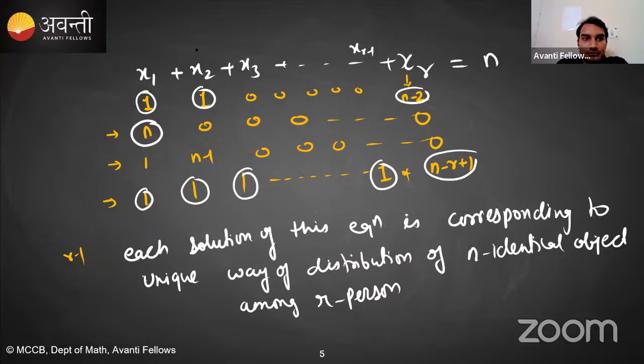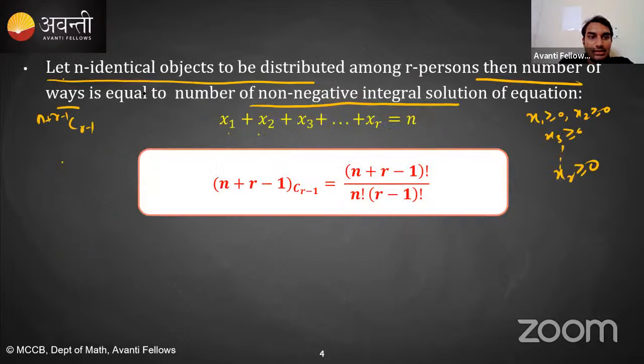Yes or no? So each solution of this equation gives you a way of distribution of n identical objects among r persons. So that's why the number of non-negative integral solutions is n plus r minus 1 C r minus 1.